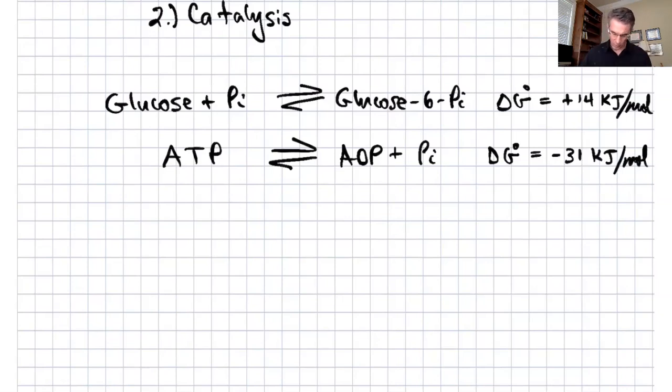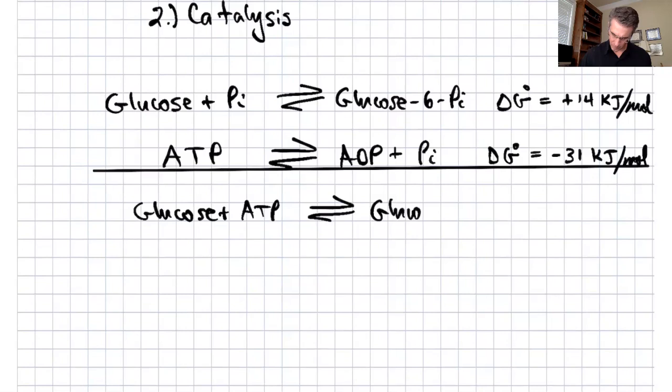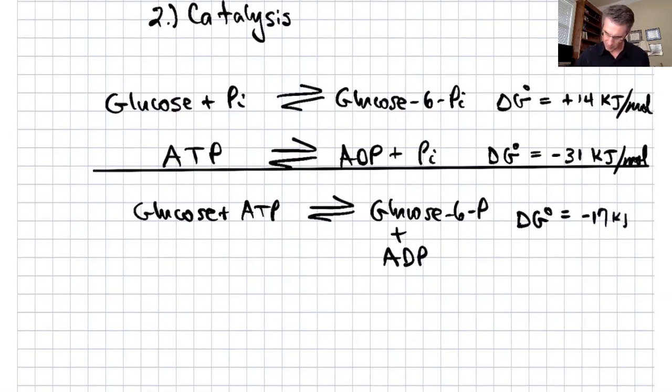So that this overall process can now be made to go: glucose plus ATP gives glucose 6-phosphate plus ADP, right? With an overall favorable standard state free energy of about minus 17 kilojoules per mole, right? Okay, that's great. Except for one problem.